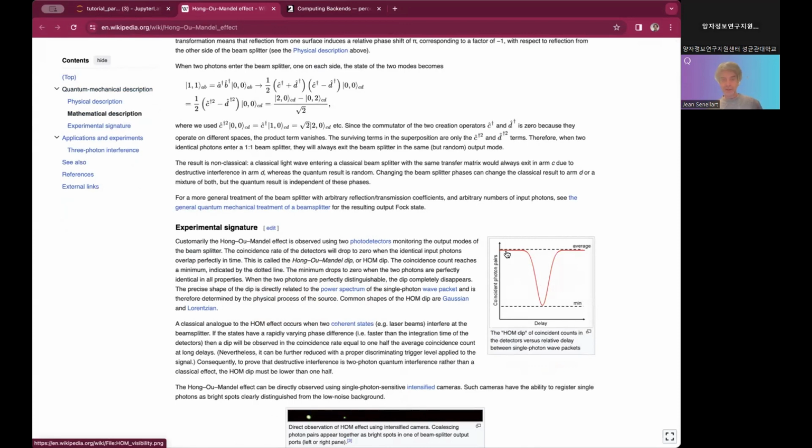The HOM experiment described in this page is exactly the same, but instead of making the indistinguishability vary, because we cannot do that physically, they make the time vary between the two arms. They have their beam splitter, and the photon on one of the arms will be delayed compared to the other one, meaning that if it is completely delayed, then it will be totally distinguishable. If it is not delayed at all, the photons will be totally the same.